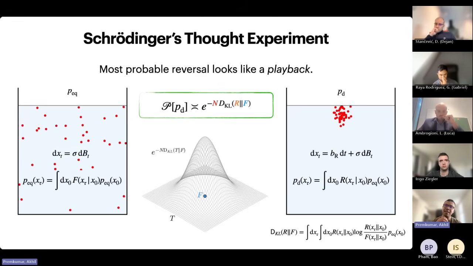So you see that F is special because the KL is a non-negative convex function. So the KL is smallest at F, and therefore the forward process is the most probable, or it's where the peak of this exponential lies, right? Which is a different way of saying that the system would like to stay at P equilibrium.